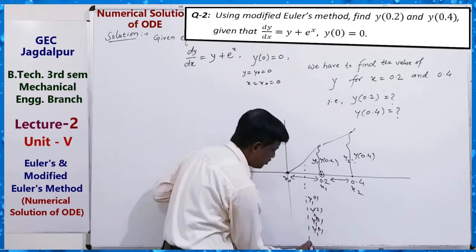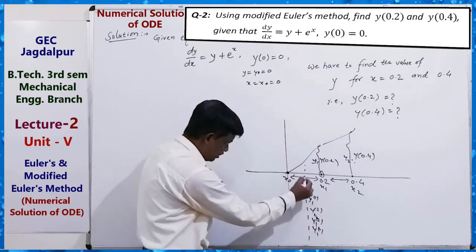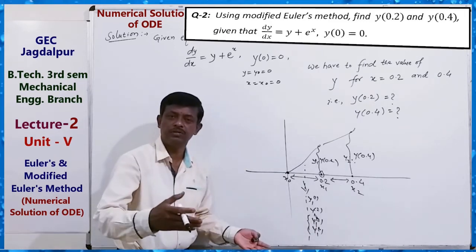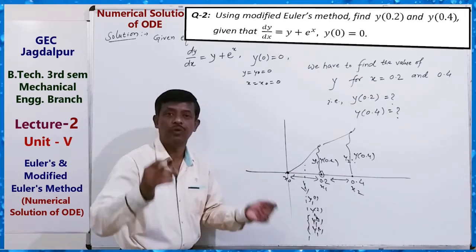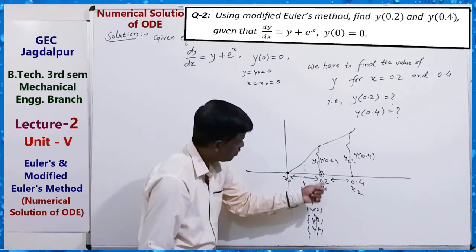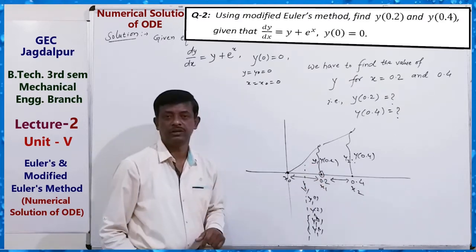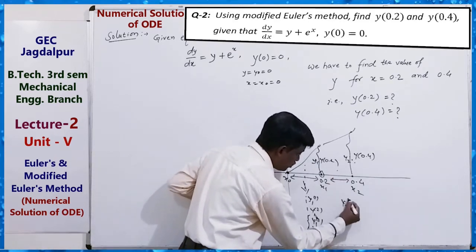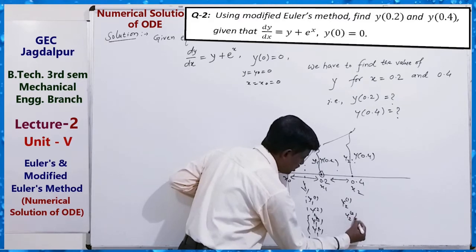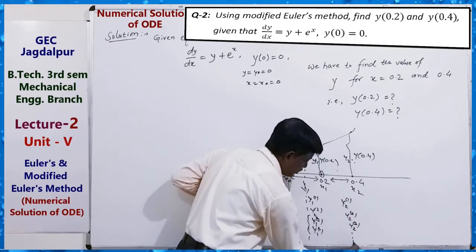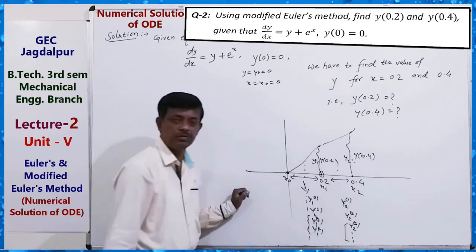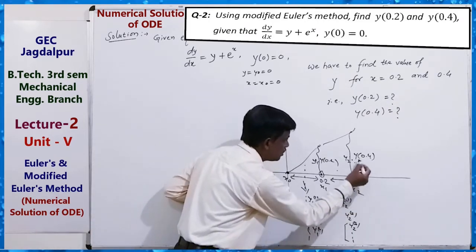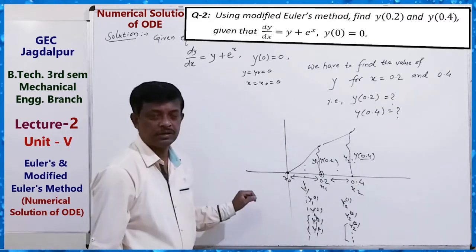In this interval, when two approximations are the same value, that will be the value of y1, that is the value of y at x1. And in this interval, we have to find y2, first approximation, second approximation, third approximation, and so on. When two approximations give the same value, that will be the value of y for x2, that is this value. Okay.